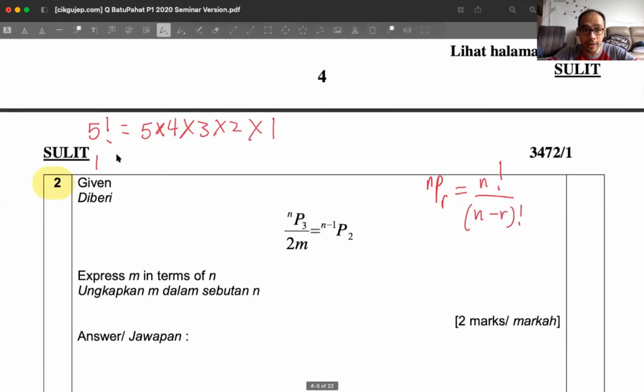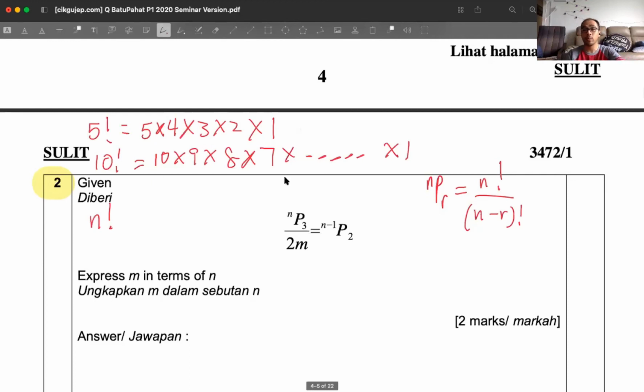If it is 10 factorial, it is 10 times 9 times 8 times 7 times all the way until times 1. Okay, what about n factorial? You notice that every time we multiply with a number that is less and less until you finally reach 1. You don't go times 0, what's the point of times 0, right? Until times 1.